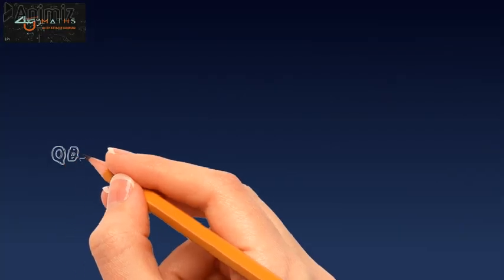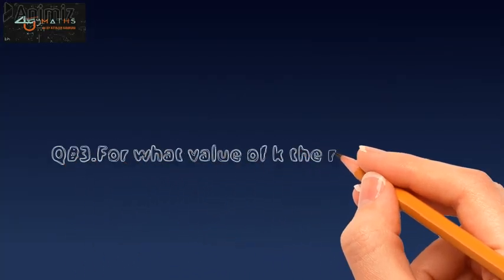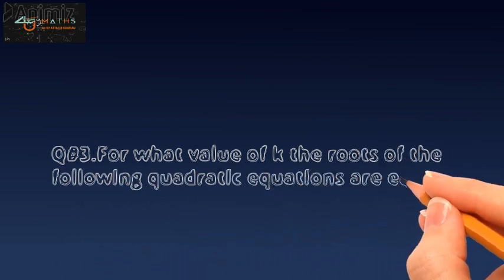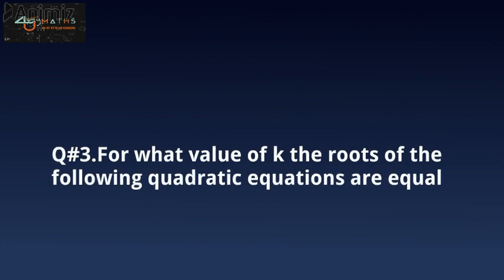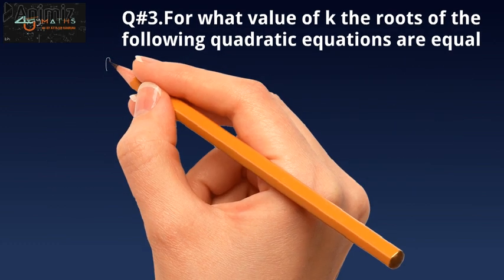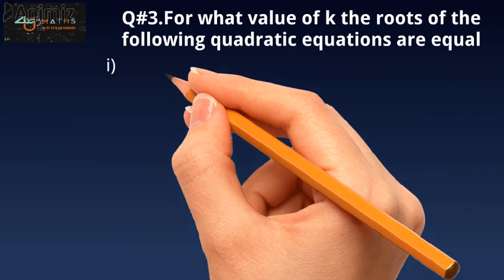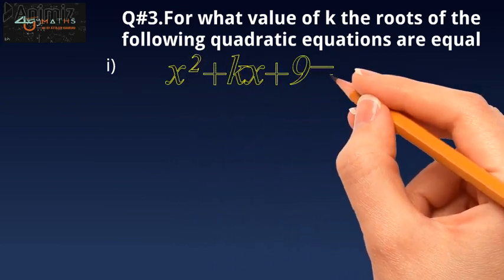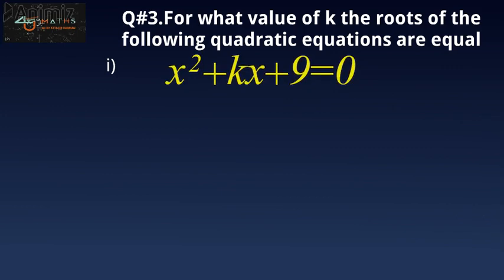So let's start. Question number 3. For what value of k the roots of the following quadratic equations are equal? So the first part of this question is x square plus kx plus 9 is equal to 0.